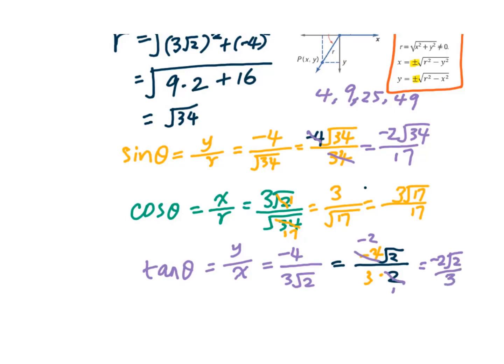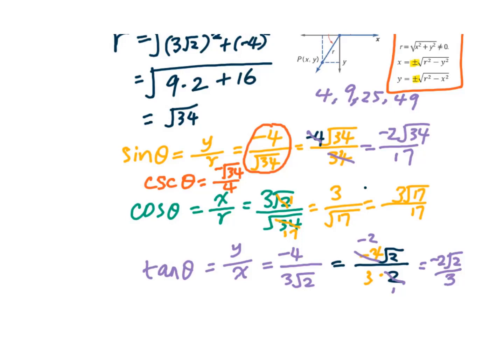Then we go to the minor trig functions. For sine theta, flip it and it will be cosecant theta. This one is better. So we got negative square root of 34 over 4.